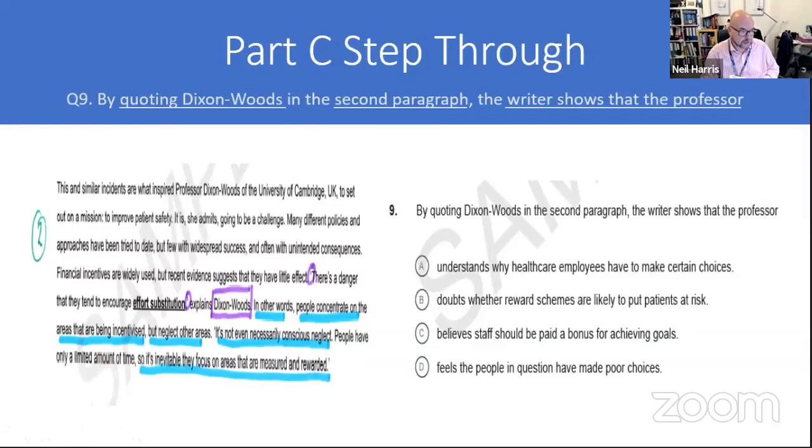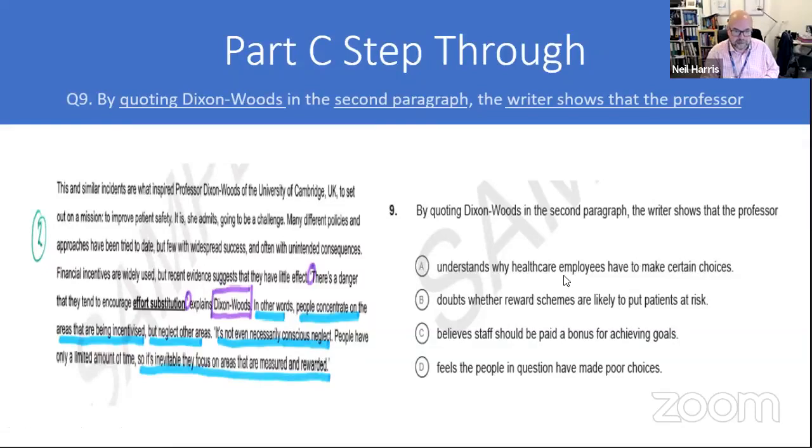In other words, they are choosing those areas, not the other ones that are not measured and not rewarded. So A seems to fit.